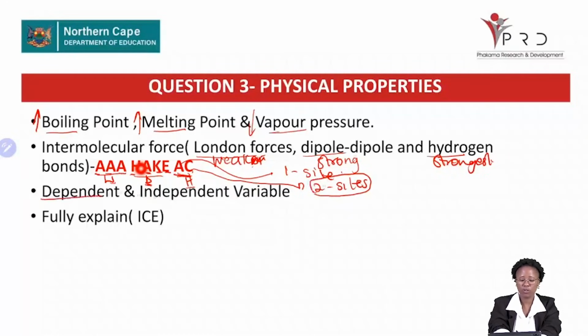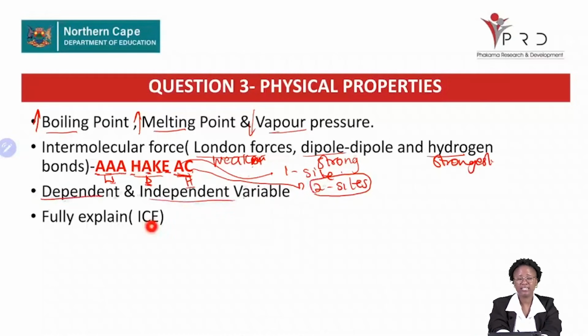The next thing that I want you to look at in this question is the differences between the dependent and the independent variable, because the examiner sometimes likes to make this question an investigative type of question. If it's an investigative type of question, always remember the dependent, independent, as well as they can ask you to write an investigative question.